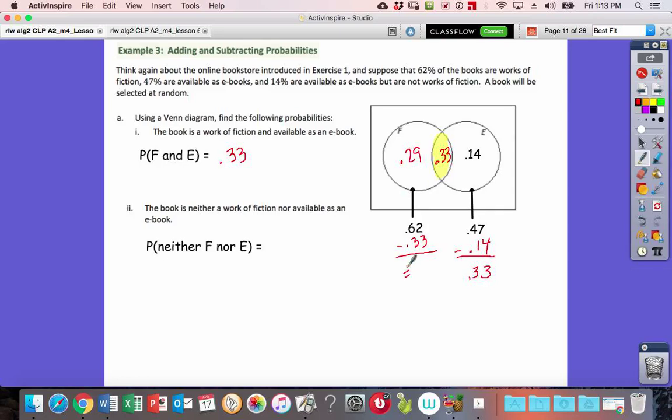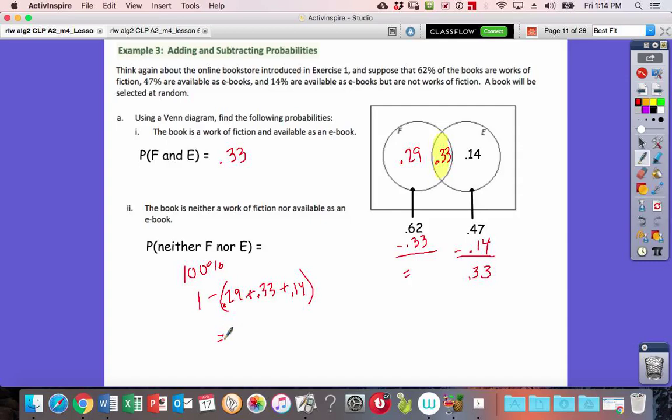Now if I wanted to know the total that was out here, I would say it's neither F nor E. I would say 100% or 1, and I'd have to subtract off 0.29. So here, let's put this in parentheses. 0.29 plus 0.33 plus 0.14.